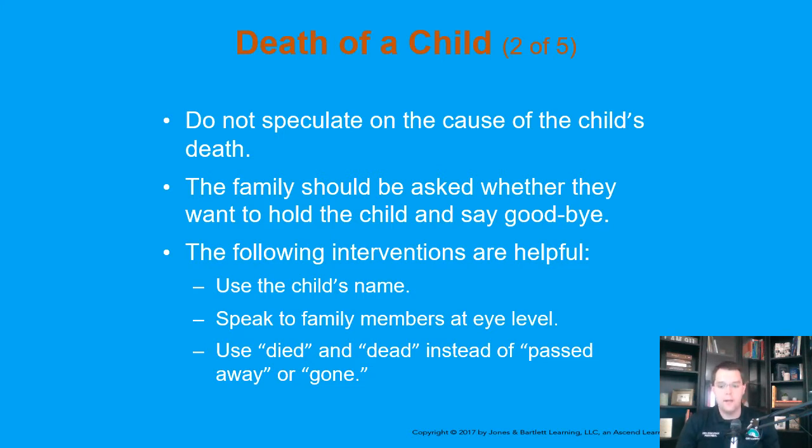Don't say your child. If you don't know the child's name, ask them, what is your child's name? And then, unfortunately, little Johnny has died. It is best to be direct. Use these final phrases like died and dead instead of passed away or gone. The last thing that you want to do, because they're going to be grasping for something.